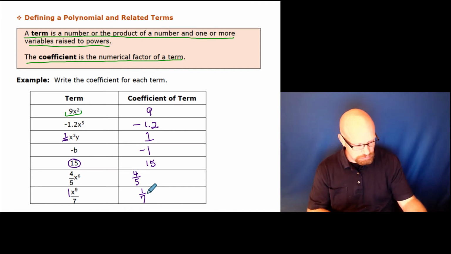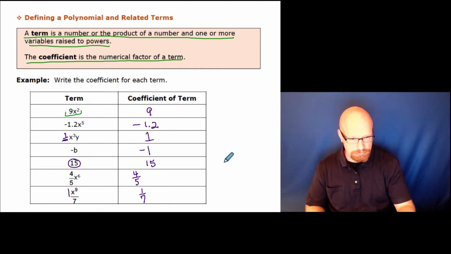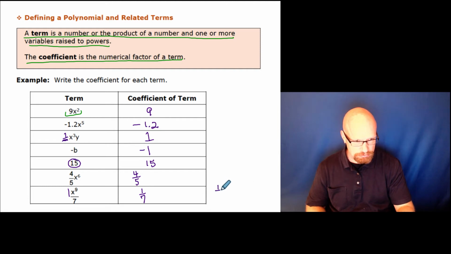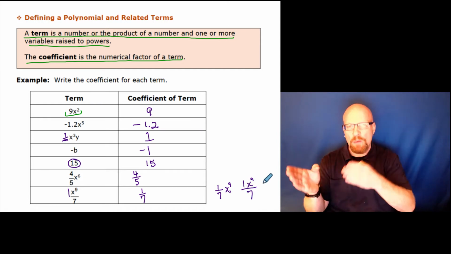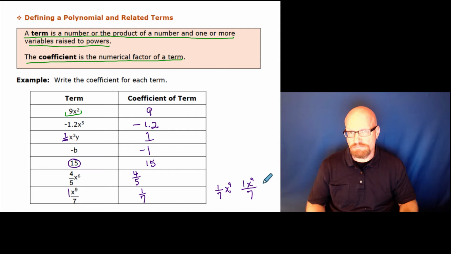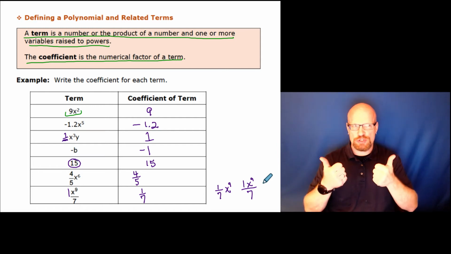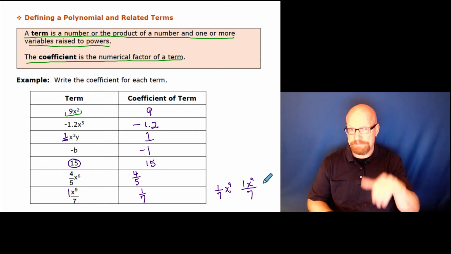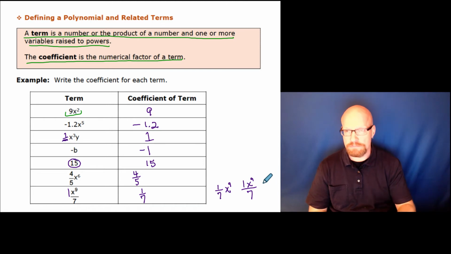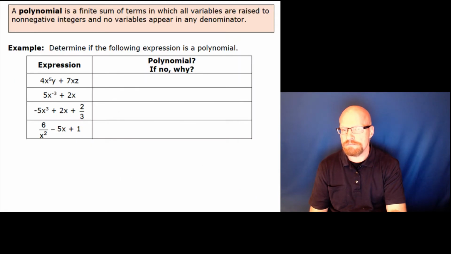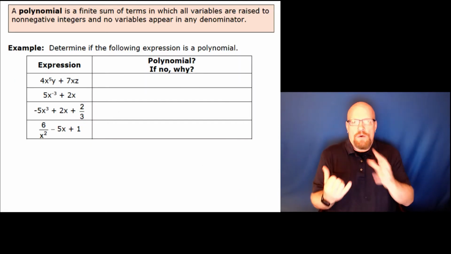It's the same idea if we write it in different ways. Three different ways you can write it: x to the 9th over 7, 1/7 x to the 9th, or 1x to the 9th over 7. Just understand they all mean the same thing and be flexible.